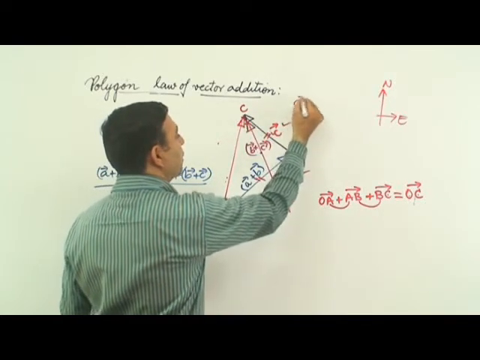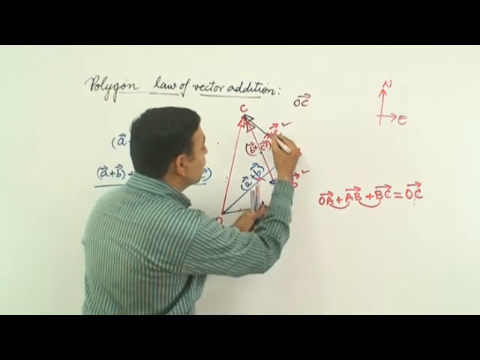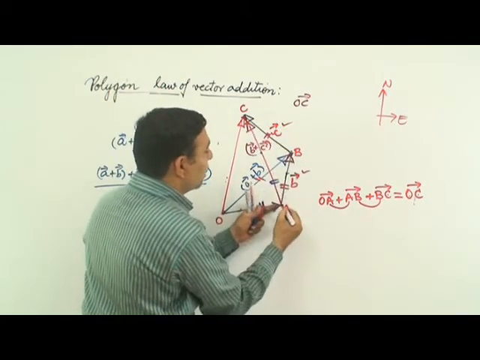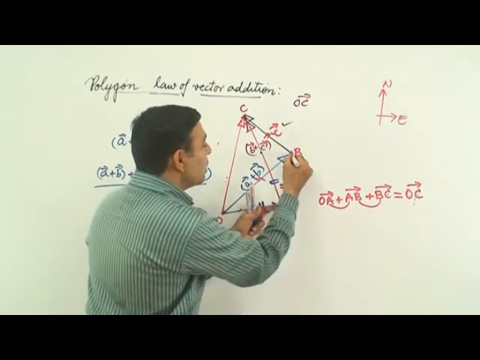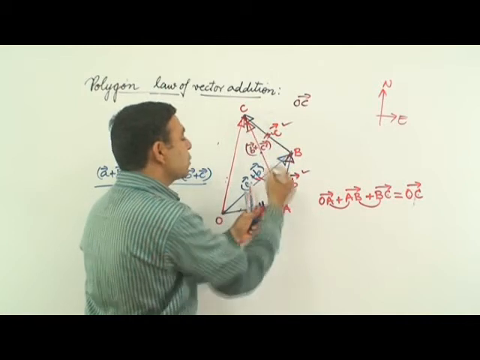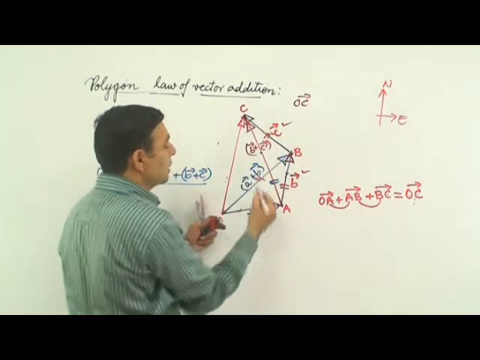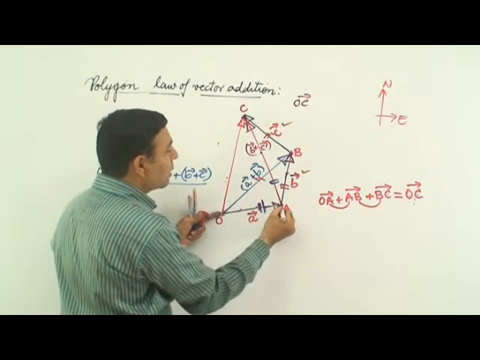Now let me add B and C first. So B plus C. Tail head, resultant head tail. So this is the vector; AC is the vector B plus C. To this B plus C, let me add A. Tail head tail. Same thing.